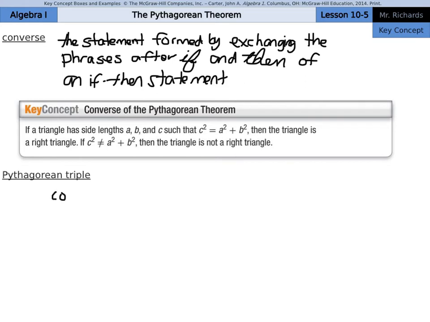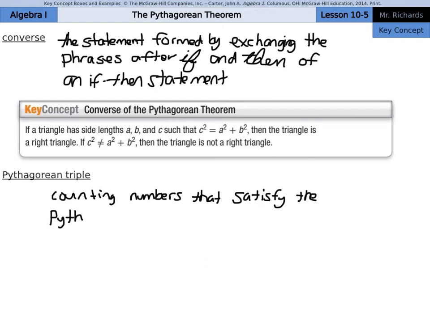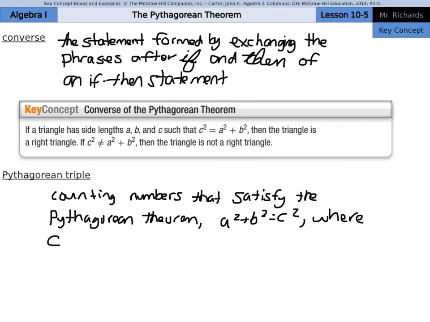These are counting numbers that satisfy the Pythagorean theorem, which of course is a squared plus b squared equals c squared, where c is the largest number.